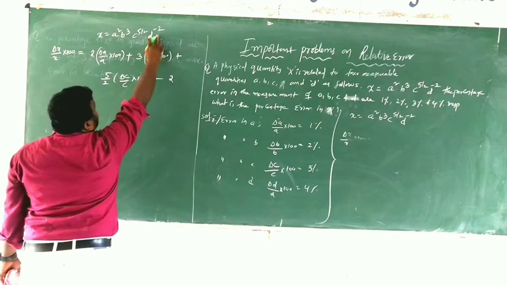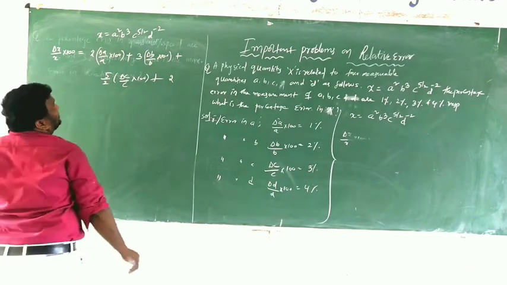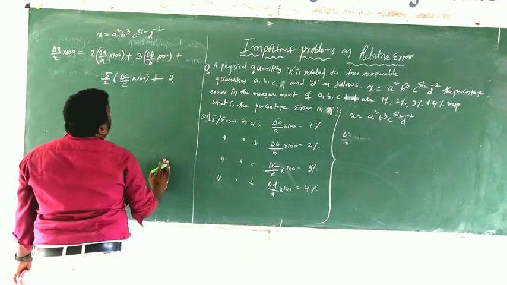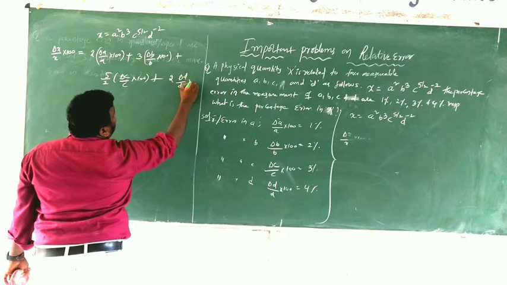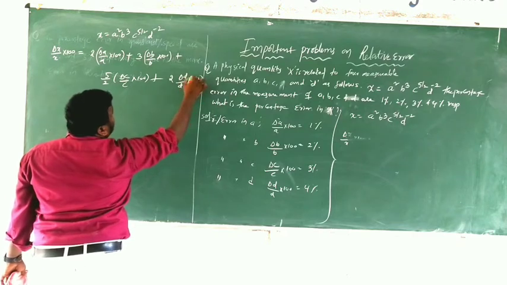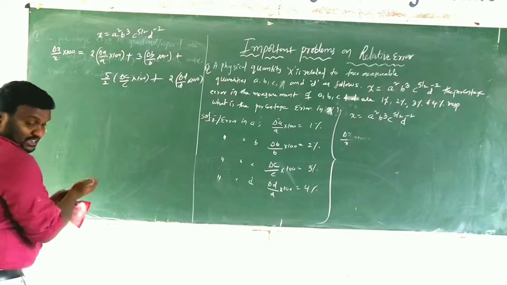Even though we have minus, you write plus only, because we are taking absolute errors, so we do not take the minus value. Clear, children? Up to now, very clear.